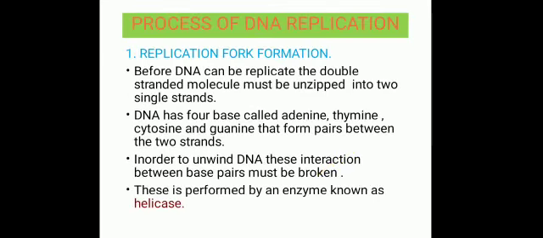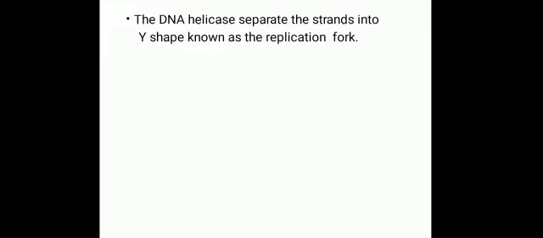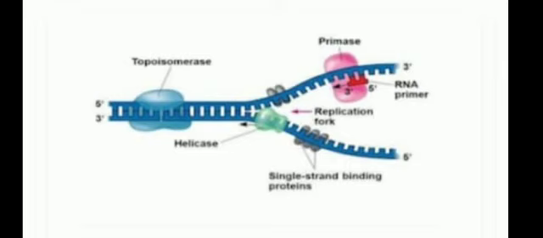This is performed by an enzyme known as helicase. The DNA helicase separates the strands into a Y shape known as the replication fork. Here you can observe that this helicase binds to the double stranded DNA, forms the replication fork, and separates the double stranded DNA into single stranded molecules.